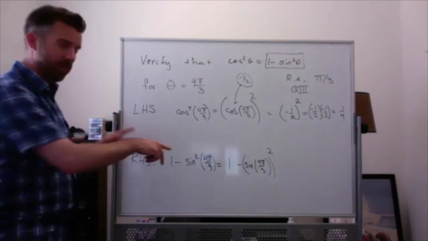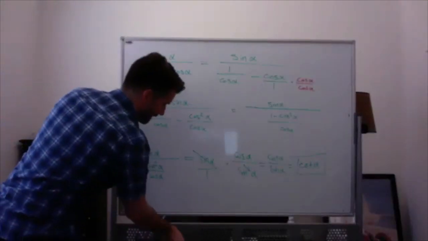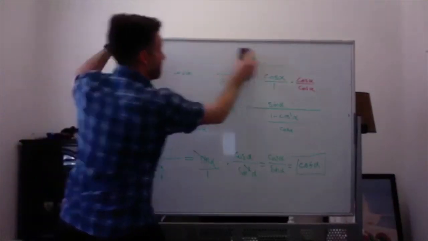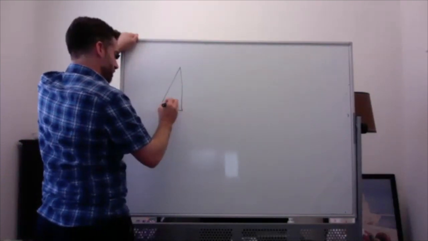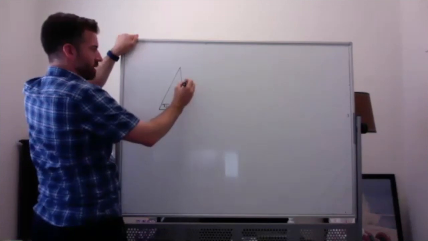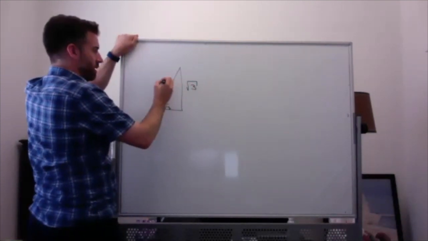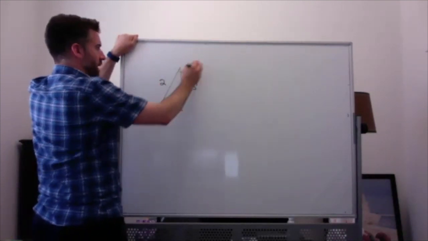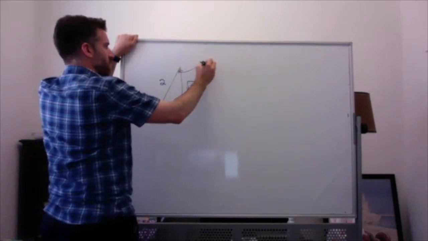Let me show you what I mean. The triangle that goes with the angle pi over 3 is the triangle where this side is √3, this side is 2, and this side is 1. And that angle up there is pi over 6.